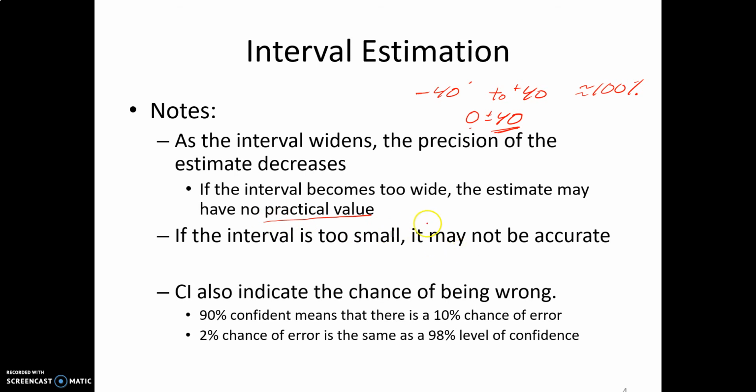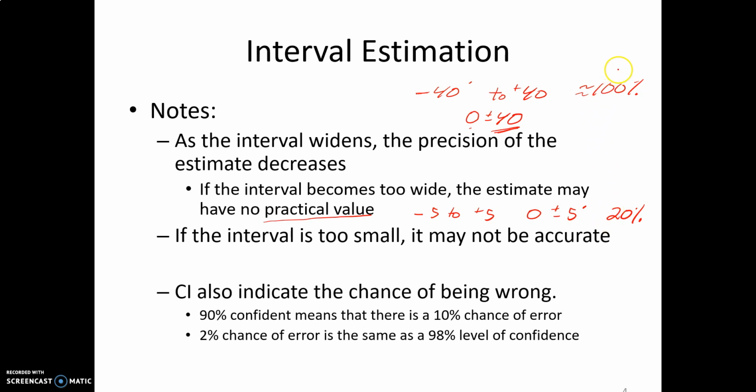Likewise, if I said it's going to be between minus 5 and plus 5 as a temperature tomorrow, a really small interval, basically this is saying 0 plus or minus 5 degrees. But if I say that I think I'm only going to be 20% accurate, that has very little meaning as well.